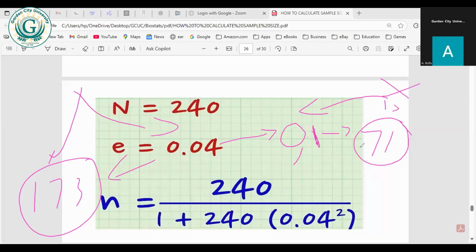And you can see that the previous one has more sample size compared to the current one. That's the reason why I was saying that the larger the sample size, the more accurate your work. So if you are doing your calculations, if you are doing your research, and you choose a small margin of error, that will call for a larger sample size. Do you get it? And if you choose a higher margin of error, it will call for a small sample size. I hope you are getting the point.